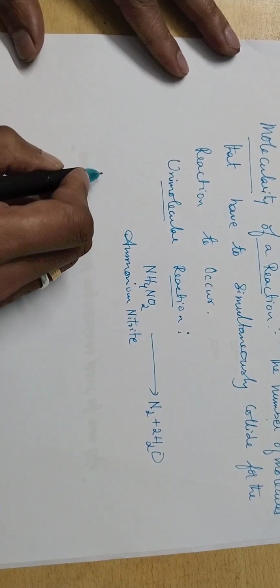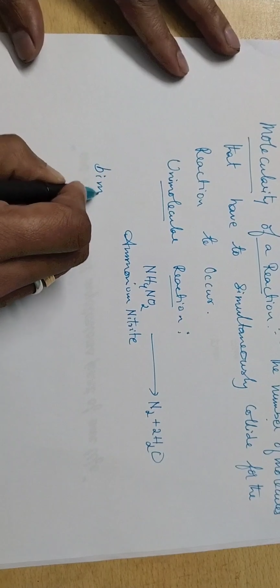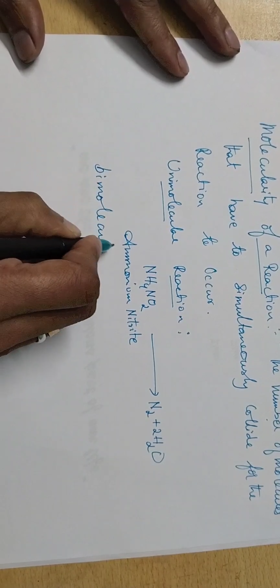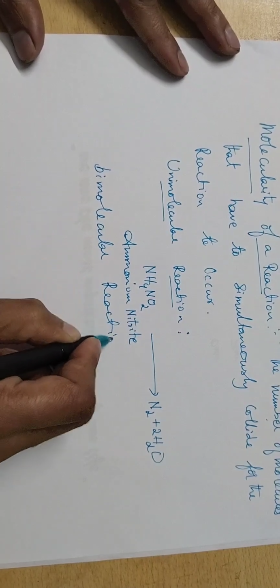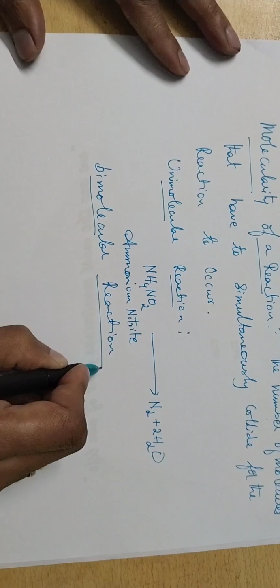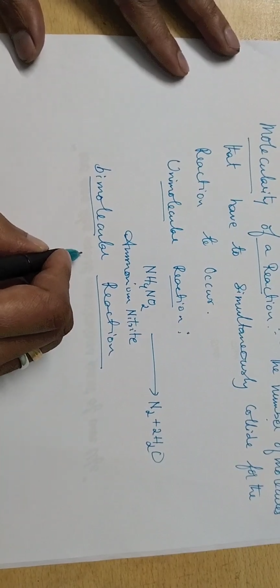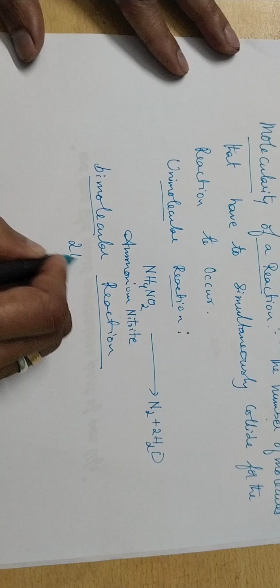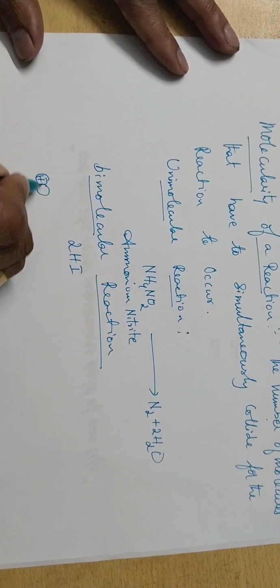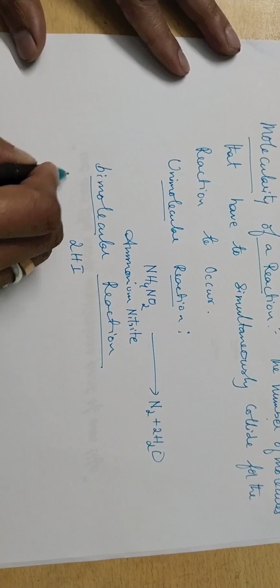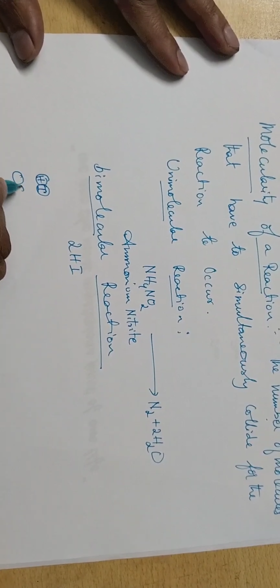Example for a bimolecular reaction. In a bimolecular reaction, we have two molecules of HI, that is hydrogen iodide. Two molecules of it are required.